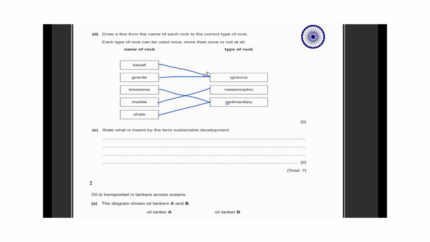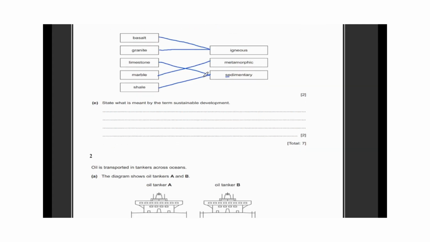Done? Now, state what is meant by the term sustainable development. Remember, development means something related to EVM, developing for future generations. Sustainable means developing in such a way that neither the present nor the future is going to find difficulty in using the resources. So how do you define sustainable development?